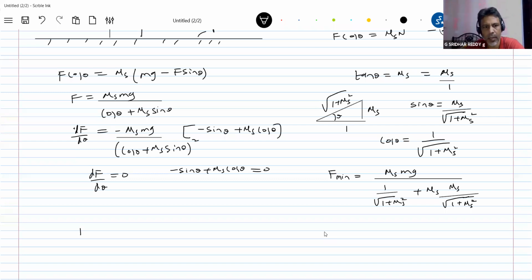So what is the F minimum now? So total F minimum should be equal to 1 plus mu s square will come. So the final resultant will be mu s mg by root of 1 plus mu s square. So this will be your answer.